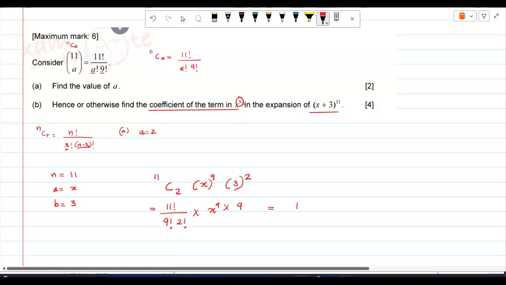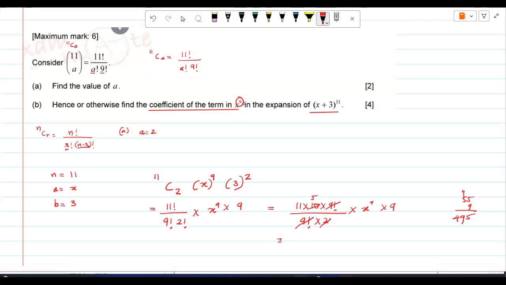Now 11 factorial is 11 into 10 into 9 factorial. 9 factorial cancels off, 2 factorial is 2, and 2 fives are 10, so it is 55 into 9. 9 fives are 45, so 495. So the answer is 495x^9.